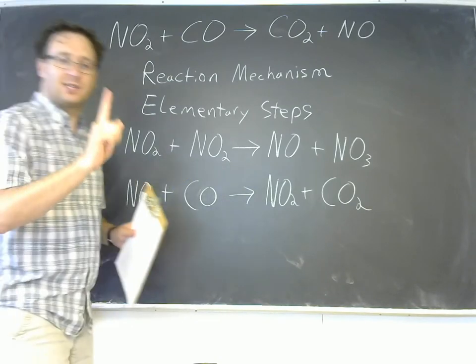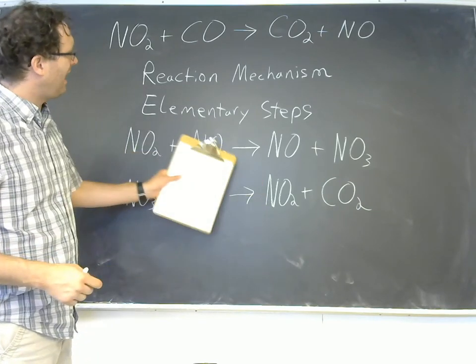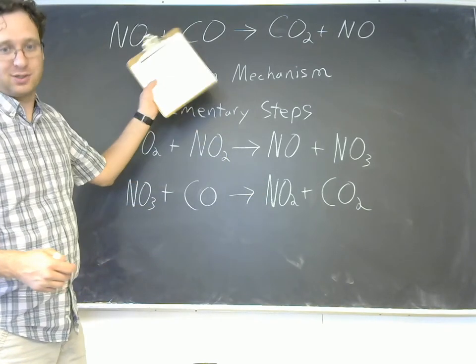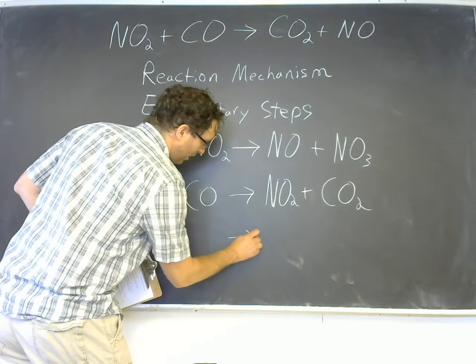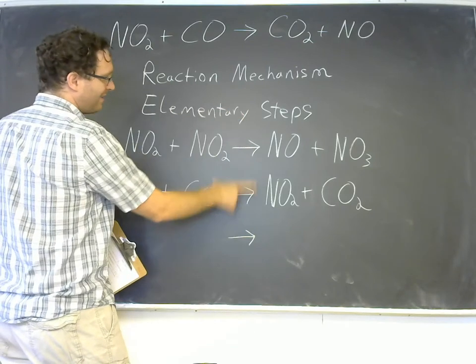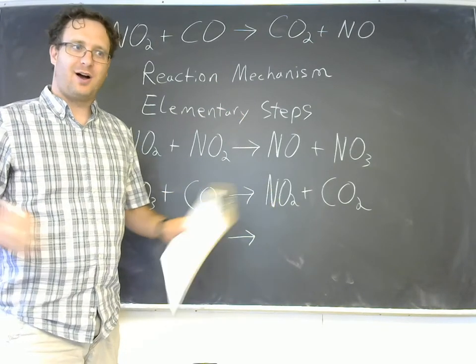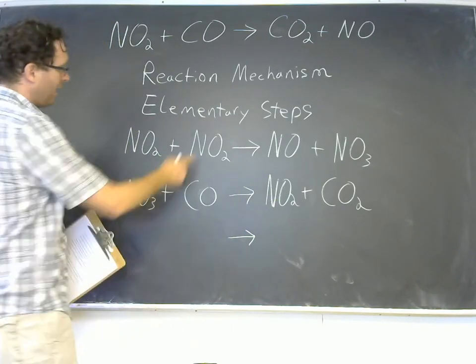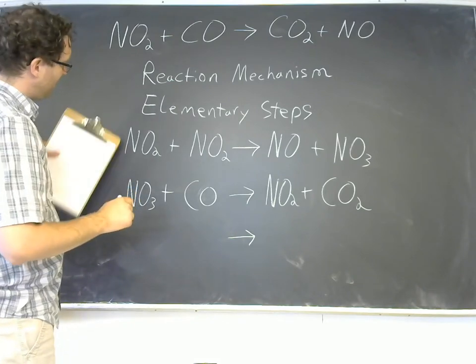So the first thing we need to do to validate this mechanism is to see, does it even add up to the total overall reaction? To do that, I'm just going to add these two reactions together like we've done before with Hess's law in 1210, for example. I'm going to put all of the reactants on the left side, and that is the reactants from both steps.